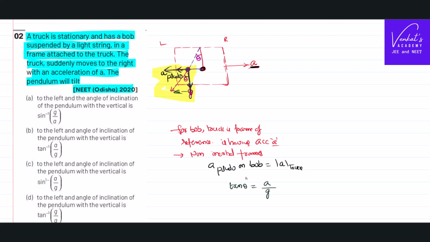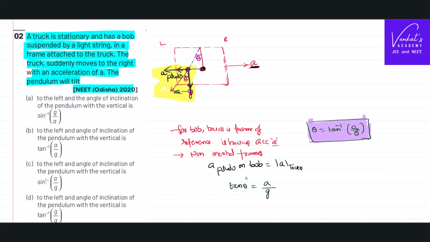So tan theta equals a by g, or theta equals tan inverse of a by g. So this is how the pendulum turns: when the truck moves forward, the pendulum moves backward, with an angle theta equal to tan inverse of a by g.